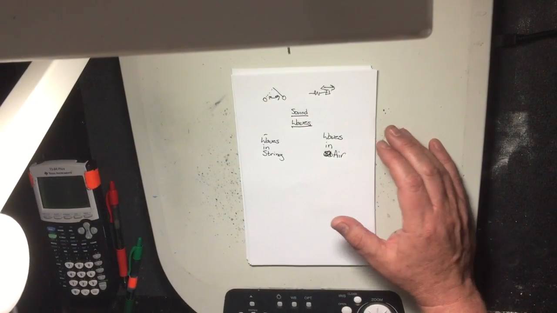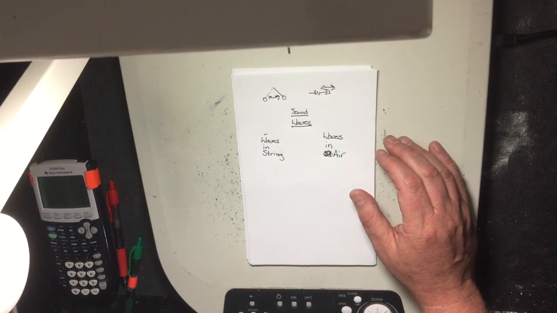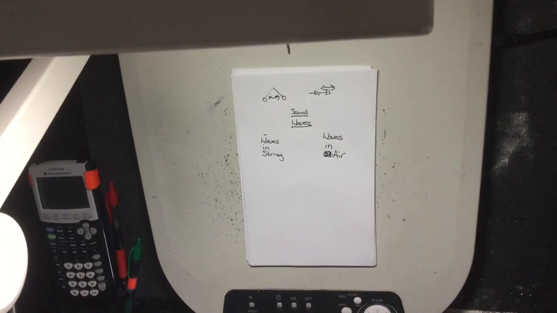So there are waves in string and there are waves in air. As an example, everybody has played with a jump rope as a child, and had your friend hold one end of the jump rope while you shake it up and down. What you notice with the particular vibration is that the rope moves in a non-chaotic fashion. It may bow up, bow down, bow up, bow down.